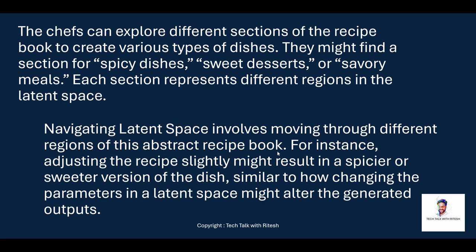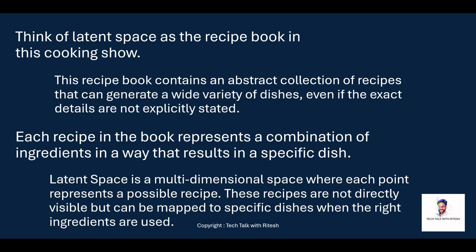For instance, adjusting the recipe slightly might result in a spicier or sweeter version of the dish, similar to how changing the parameters in the latent space might alter the generated outputs. So we are just trying to map that there are those different ingredients.